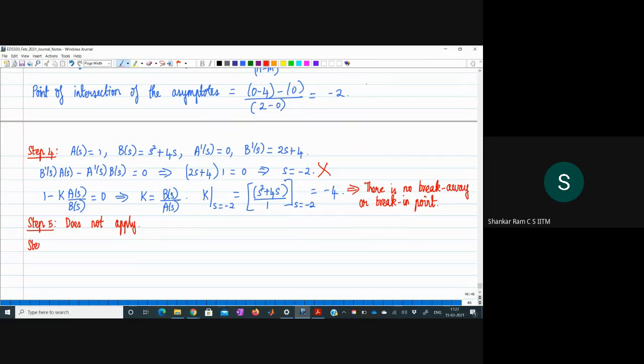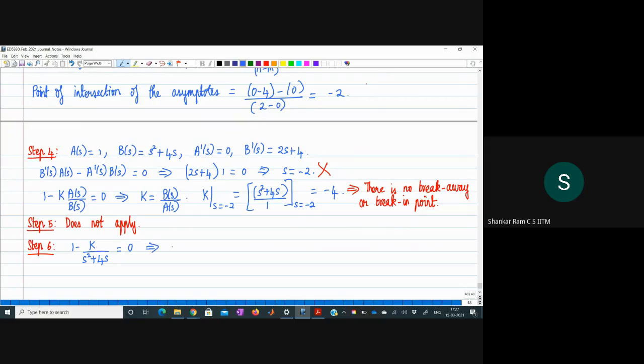What is step 6? We need to find the crossover point. For that, we once again look at the closed loop characteristic equation. Please note that in this case, the closed loop characteristic equation is 1 minus k times 1 divided by s squared plus 4s equals 0.